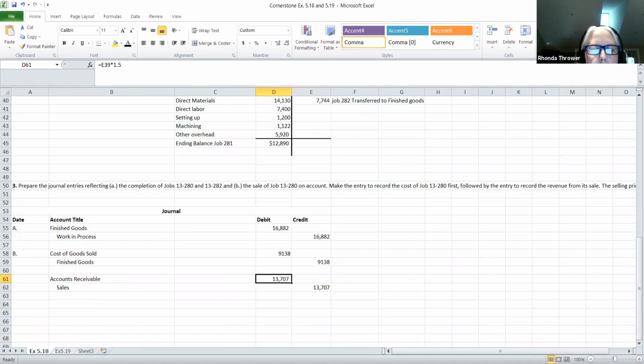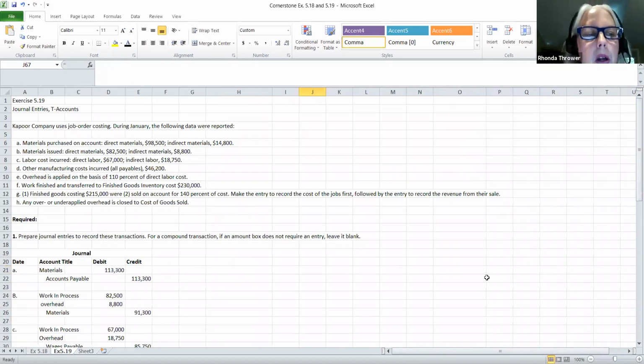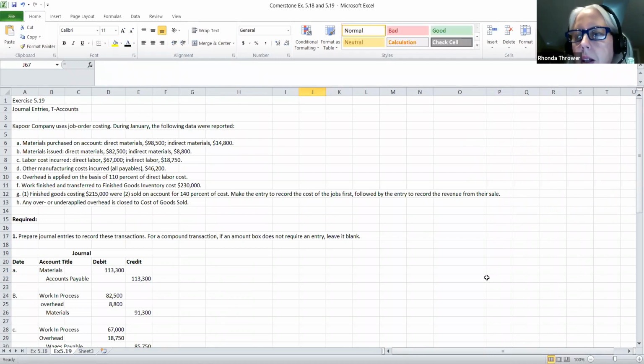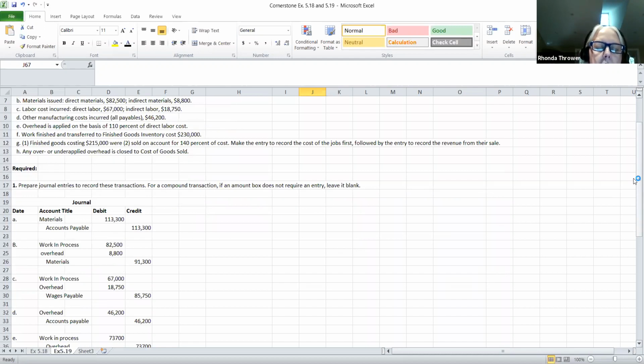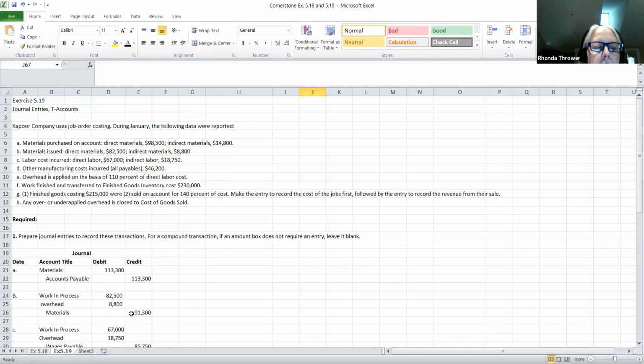So the next exercise we want to look at is exercise 519. And in exercise 519, they're asking us to create journal entries. And most of these you should be familiar with by now. So we've seen them several times in ACC 121. We talked about these types of journal entries, and I've gone over several problems with these journal entries.